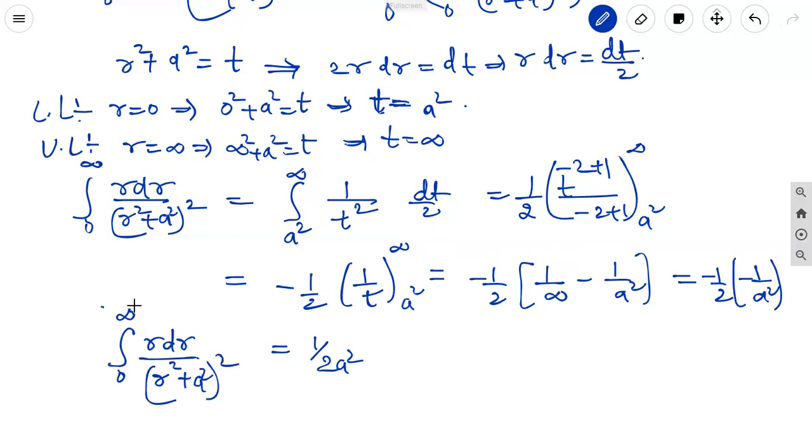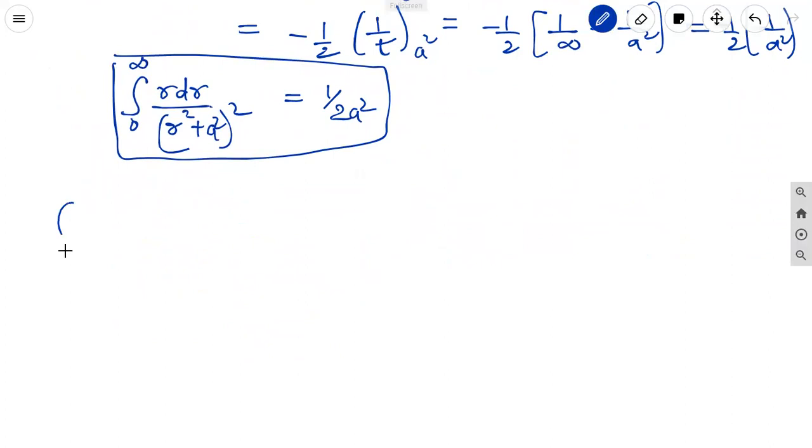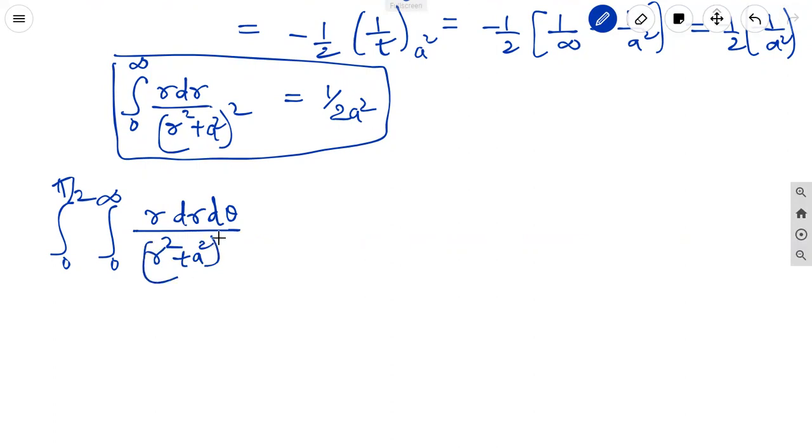Okay. This value we substitute in the given integration, that is the integral 0 to π/2, integral 0 to infinity r dr dθ by (r² + a²)².